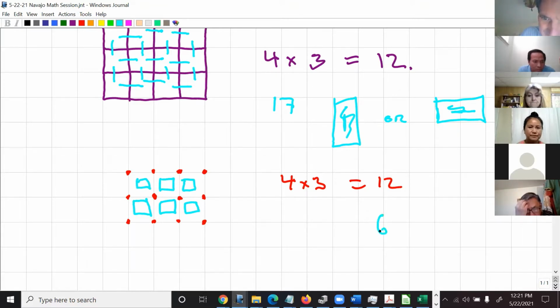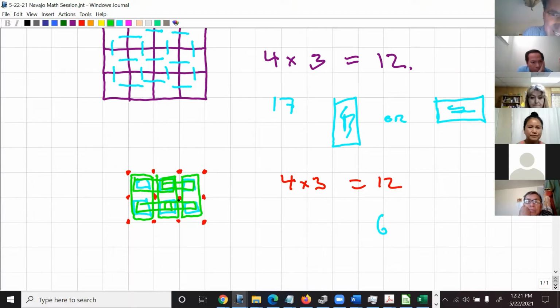So I get 6. Three, 4, 5, 6, 7. Maybe I'll color code this a little bit. 6 things that look like this.